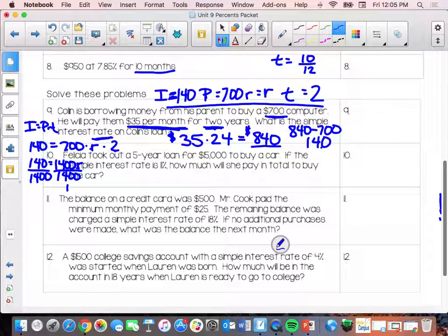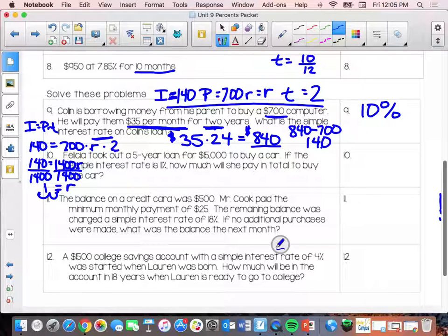Oh, but if you do that on a calculator, don't you get 0.1? Is that a percent? No, remember the rate is written as a decimal, so I have to change it to a percent. What is 0.1 as a percent? Wouldn't that just be, if I move the decimal twice, wouldn't that just be 10%? All right, and that seems to make sense.